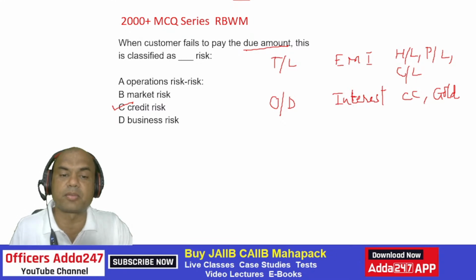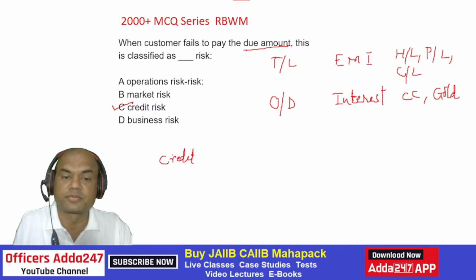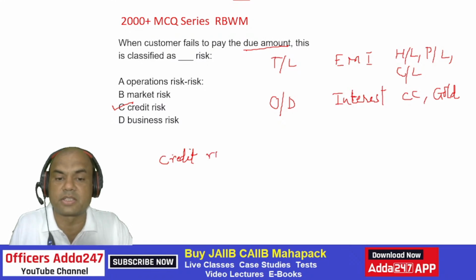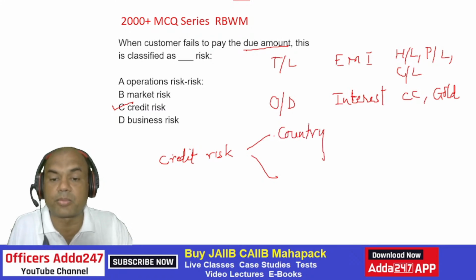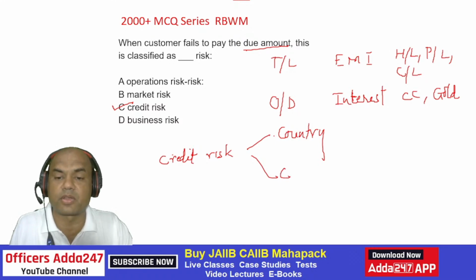Why credit? Because remember, credit risk is of two types. Always remember this by heart. One is country risk, and second is counterparty risk. Counterparty means customer, and that is the right word.